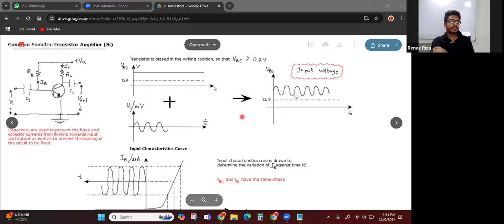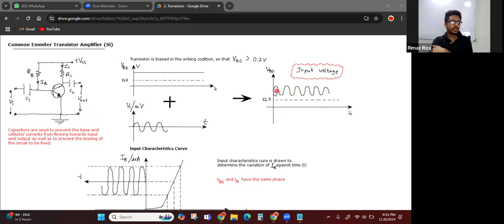And then the input voltage is given. The input voltage is a signal. Here we already have some voltage, let's say 1 volt, and then the input voltage is oscillating on it. If this is at 1 volt and the input signal has an amplitude of about 0.2 volt, then this will oscillate 1.2, 0.8, 1.2, 0.8, like that.